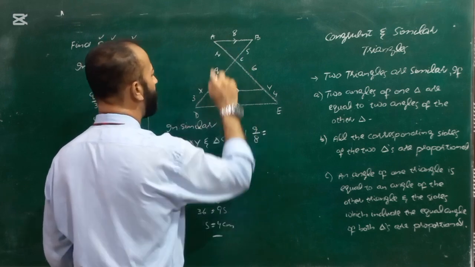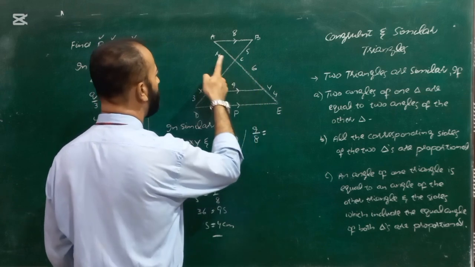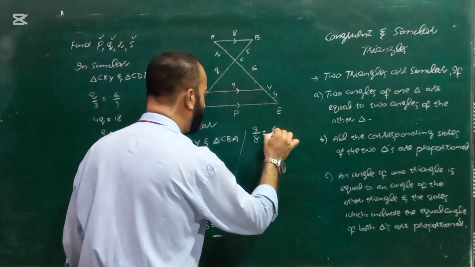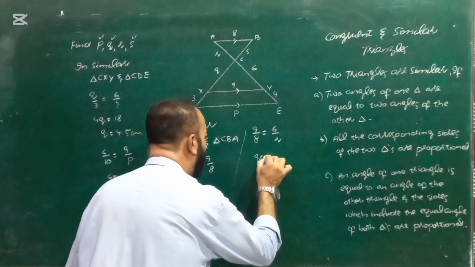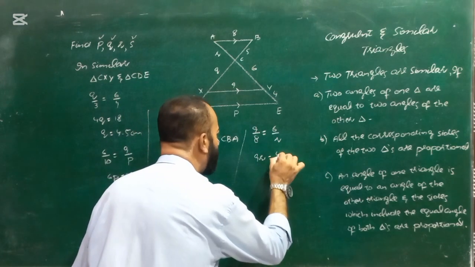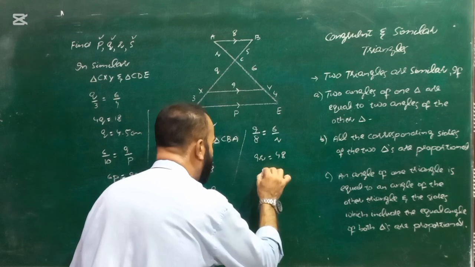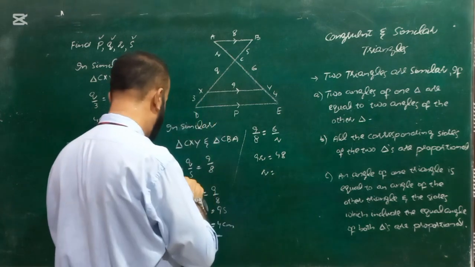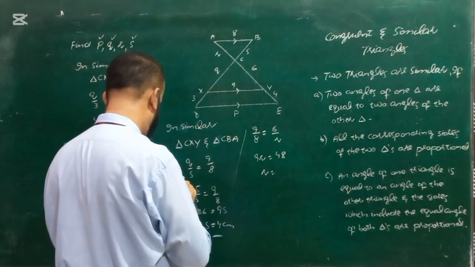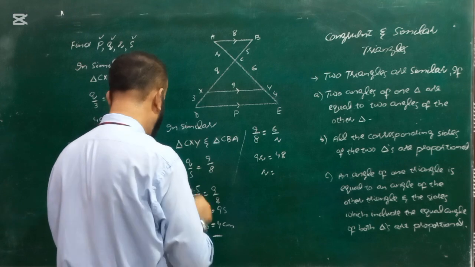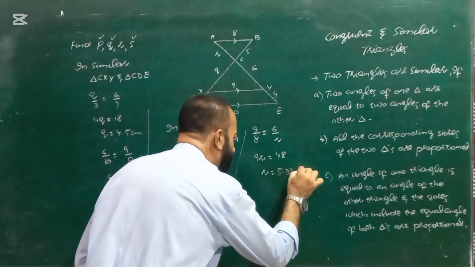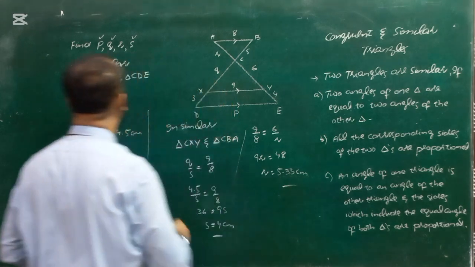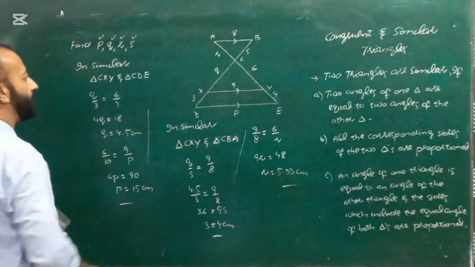So 9 over 8 is equal to 6 over R. Cross multiplying the values, 9R will be equal to 8 sixes are 48, and from here R is equal to 48 over 9. That is 5.33 centimeters. So R is also done.